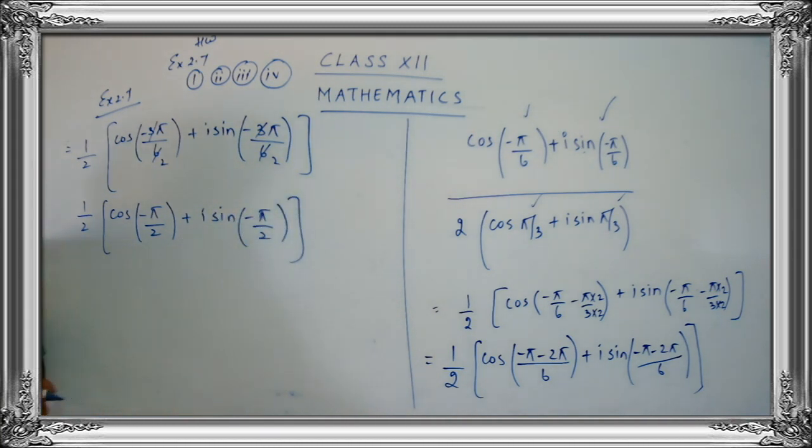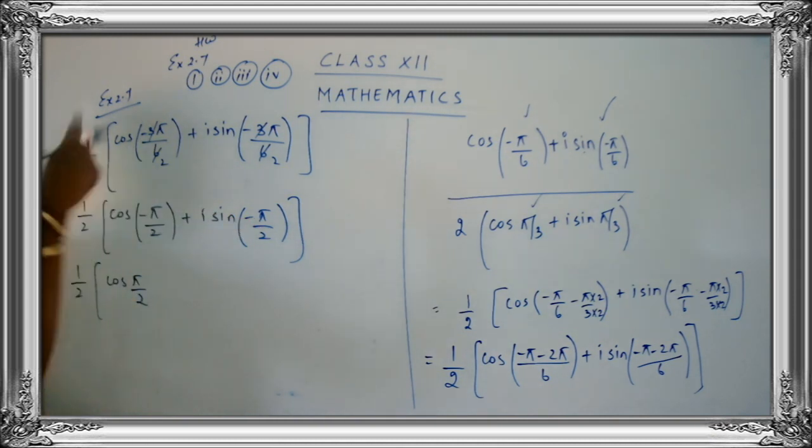So we have to change the sign first, students. We are going to change the minus theta in terms of theta, and then we will put the value, because we know the value for positive theta, we don't know for negative theta. So we have to change the signs first. Cos of minus theta is cos theta, so this is half cos pi by 2.